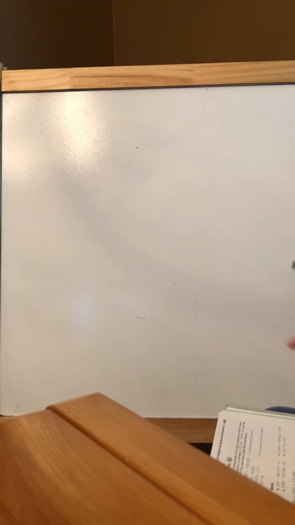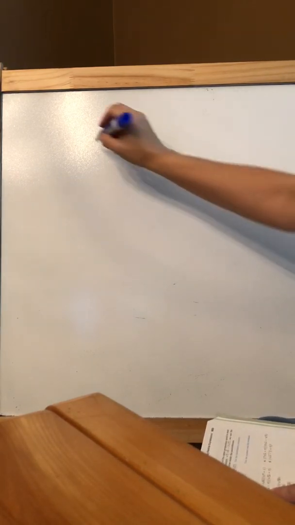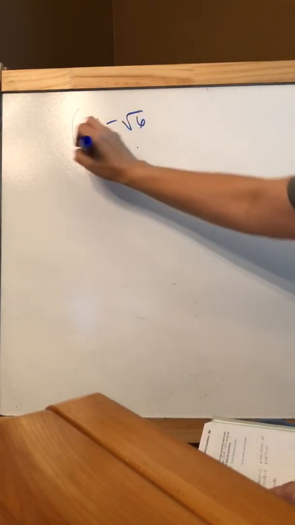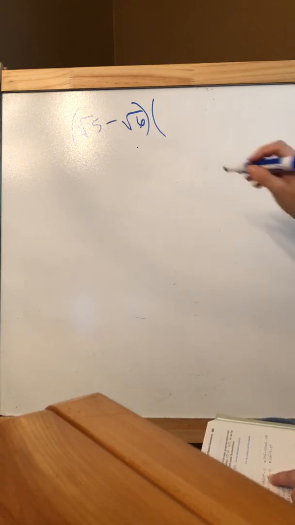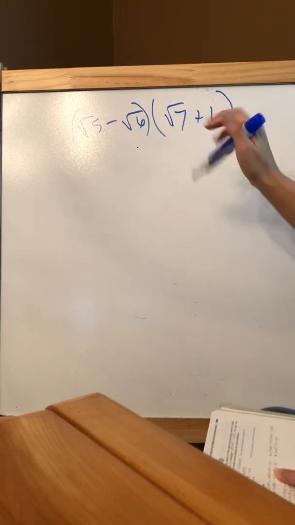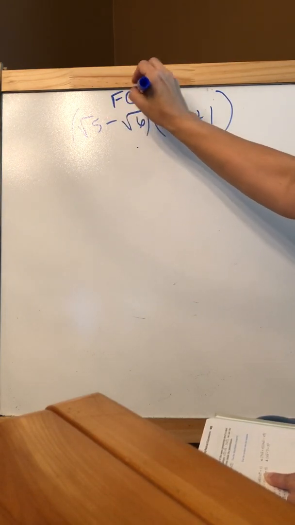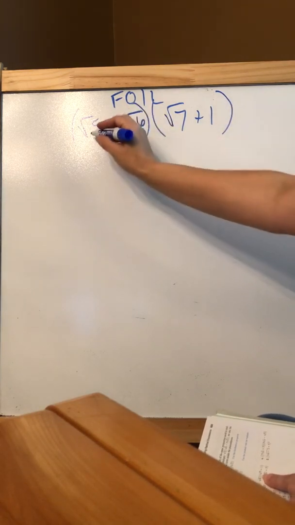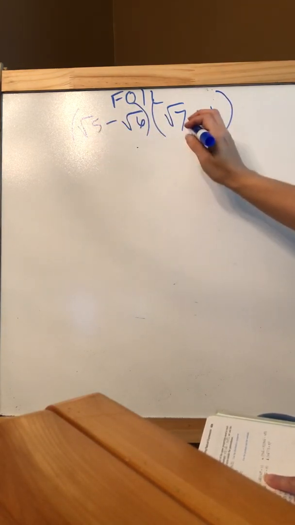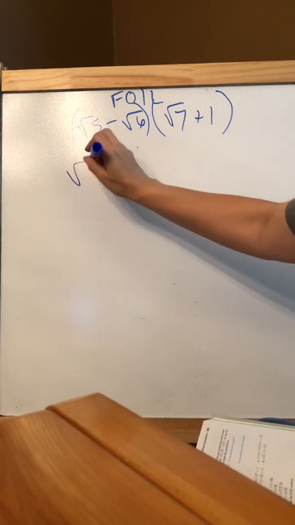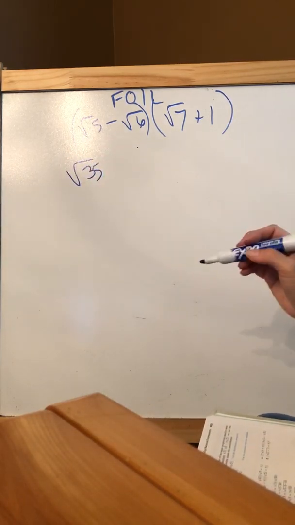Okay, let's look at B. We have the square root of 5 minus the square root of 6 times the square root of 7 plus 1. This is just your standard FOIL problem: first, outside, inside, last. Our first is the square root of 5 times the square root of 7, which gives us the square root of 35.